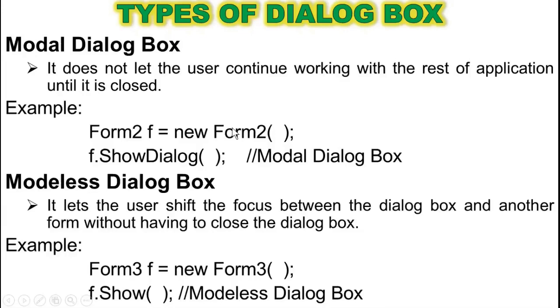In our C# code, if we added a form window and we wanted that form to appear on the desktop as a modal dialog box, we write these 2 lines of code. We reference the class name Form2 and declare and instantiate an object named f, followed by equal, then the memory allocator new, followed by the class name Form2.